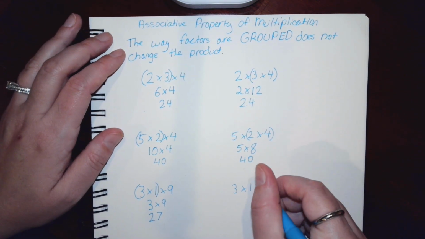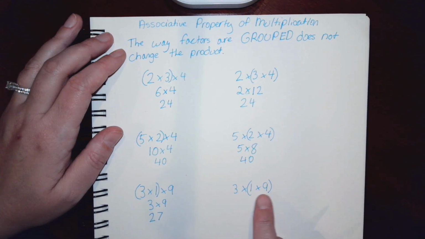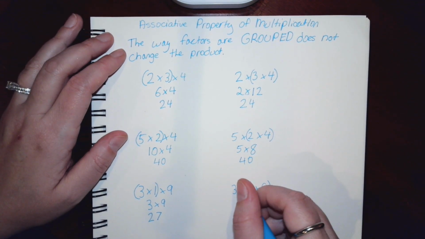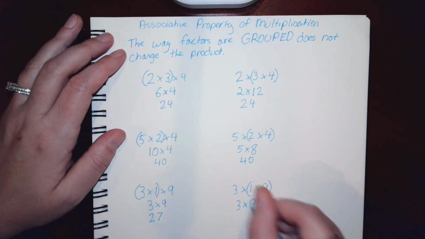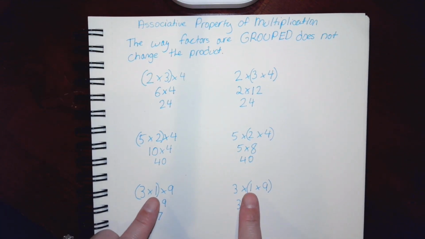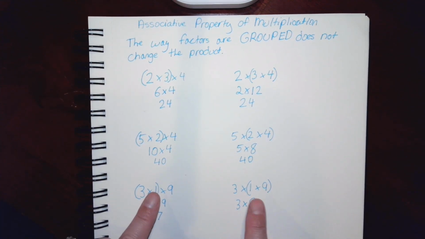Now I'm going to group it this way. 1 times 9 gives me 9. And then I need to bring down the 3 times. Oh, same problem. Why would I have the same problem? What number in here made it so it wouldn't be different? It's that 1. Okay, because 1 times 3 is going to give me 3. 1 times 9 is going to give me 9.